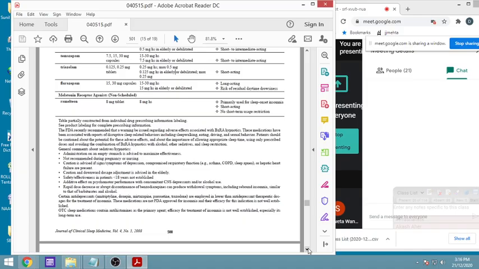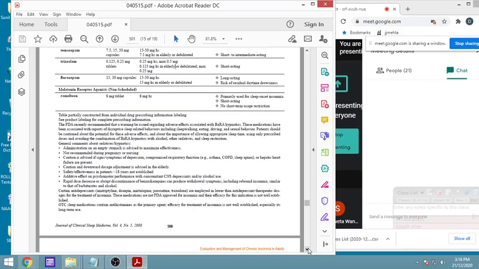There are additive effects on psychomotor performance with concomitant CNS depressants and use of alcohol, and it can cause a psychotomimetic effect. Rapid dose decrease or abrupt discontinuation of these can produce withdrawal symptoms. This is really a problem in most of these drugs which act on the CNS. So whenever there is a withdrawal, we call it tapering of doses, and this tapering should be done accordingly.